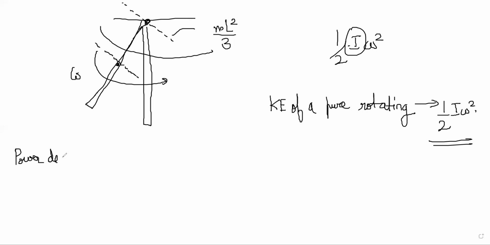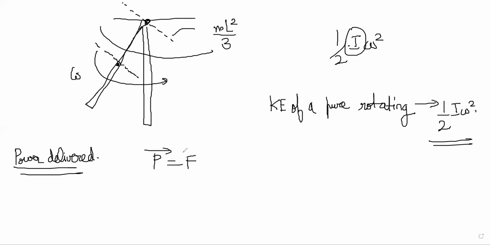This is very straightforward stuff because everything that you have learned in normal linear motion mechanics has a rotational analog. If you learned about momentum there, now you have a corresponding angular momentum here. If you learned about force there, now you have a torque here. We learned about power there.